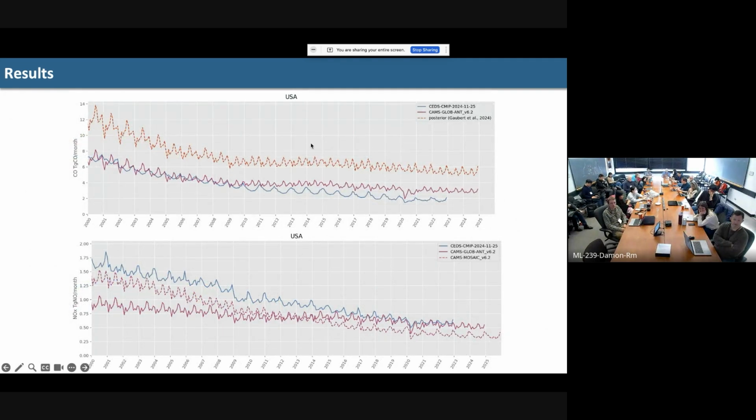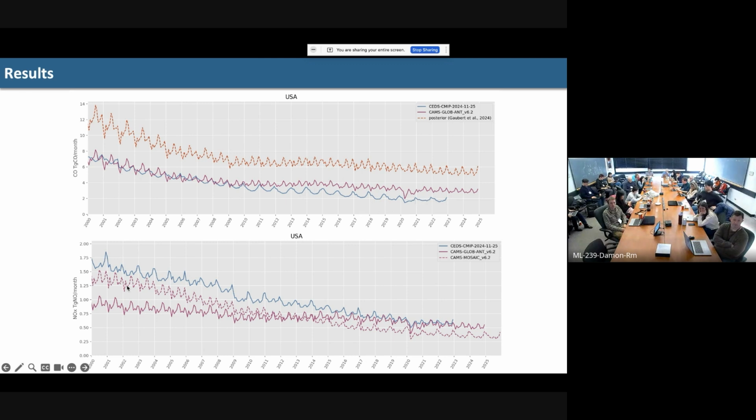Here for the US, so again, the posterior CO is higher, but here we have a very good agreement between the CAMS emissions and the CAMS emissions for most of the period. The stronger decline in CO in most recent years is probably more up to date.